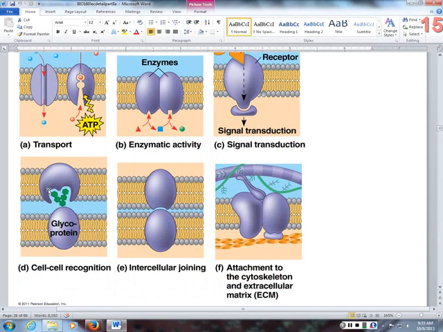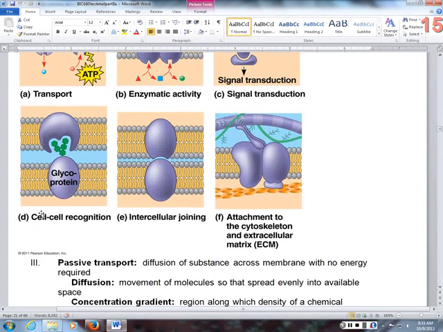These glycoproteins are actually really important for recognizing cells. If you've ever wondered why you can have a cold or a flu, and if you have pets, you know they do kind of disgusting things like eat Kleenex and things like that. Yet your dog doesn't get the flu from eating the Kleenex in there.